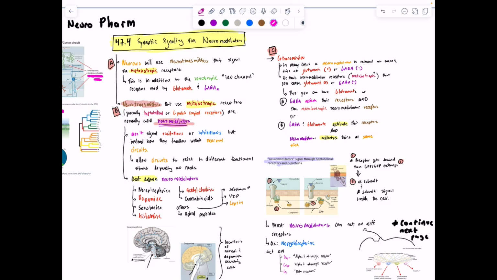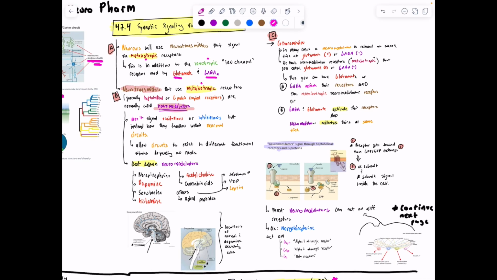All right, so then we have this idea that in addition to the ionotropic ion channels used by glutamate and GABA, you have metabotropic receptors. The neurotransmitters that use metabotropic receptors, which are generally heptahelical or G-protein coupled receptors, are normally neuromodulators.